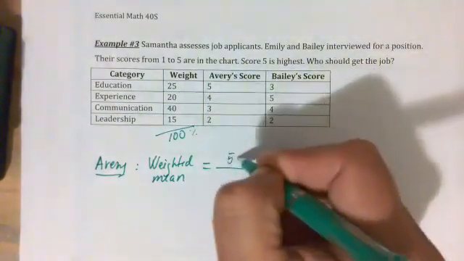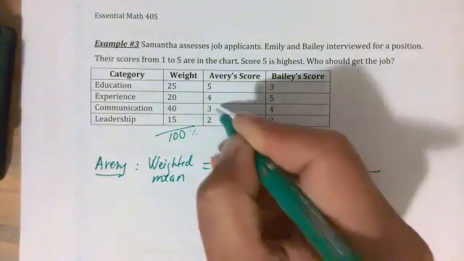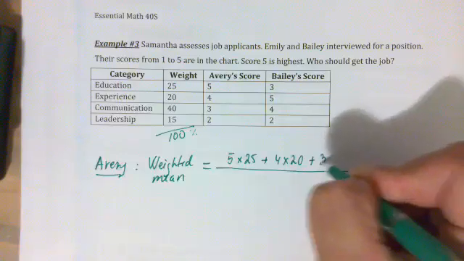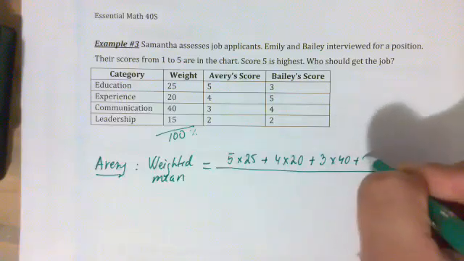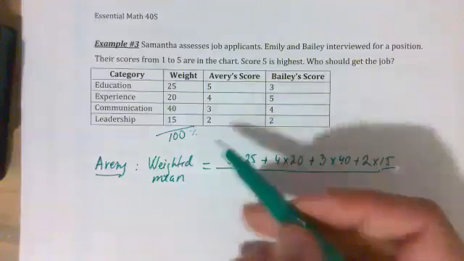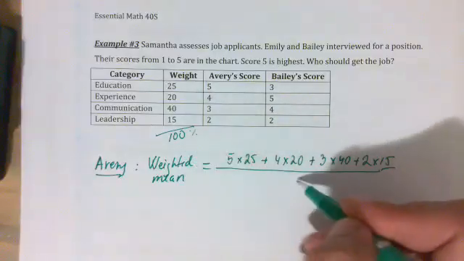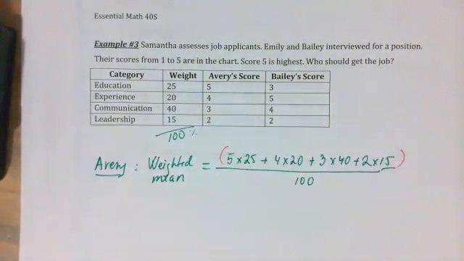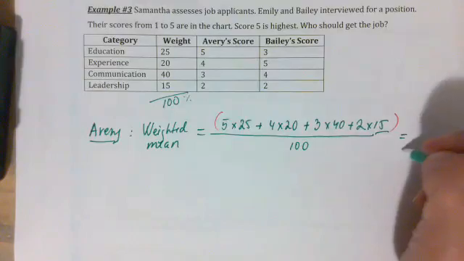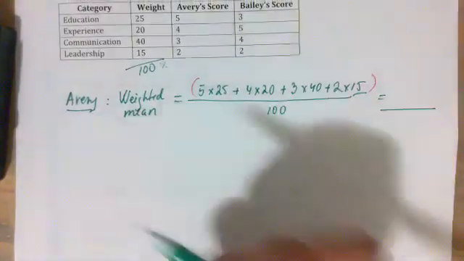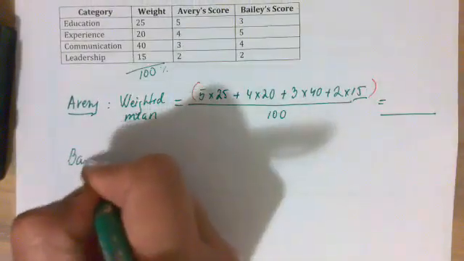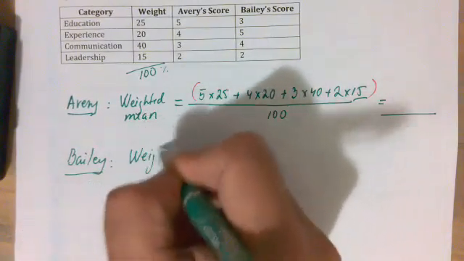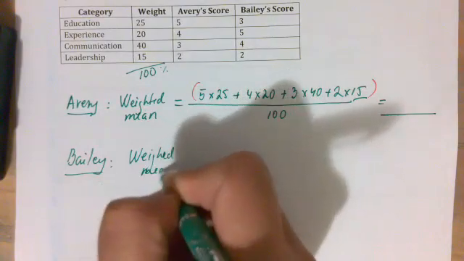So 5 times 25, and then 4 times 20, plus 3 times 40, plus 2 times 15, and then divide by the total weight, which is 100. We're gonna get a score for Avery, and you're gonna type it up if you get it. And then we're gonna get a score for Bailey by calculating the weighted mean.